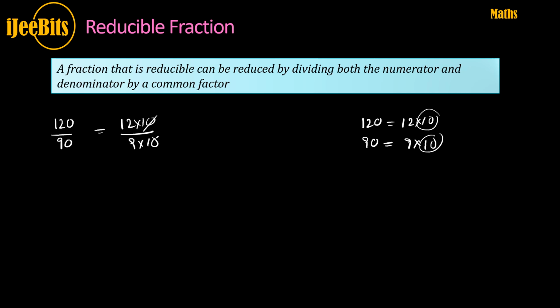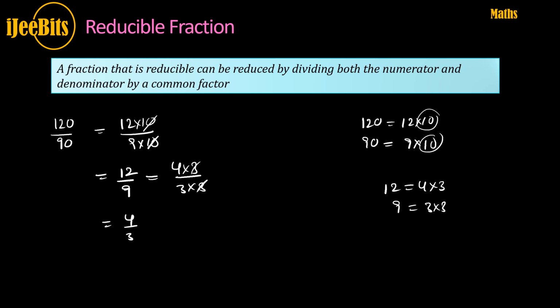So you can strike off the 10s, and what remains is 12 by 9. Can you divide it further? Yes, because 12 can be written as 3 times 4 and 9 can be written as 3 times 3. So the common factor is 3, and hence 4 by 3 times 3 by 3. You can cross out the 3s, and what remains is 4 by 3.